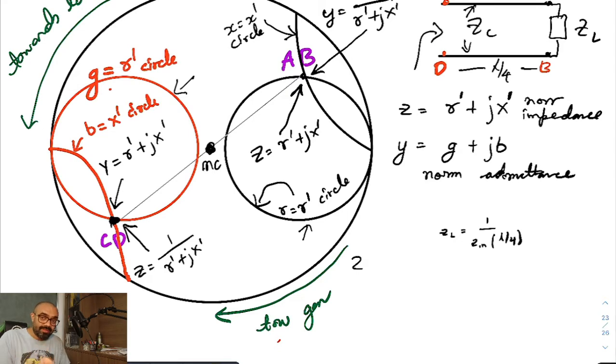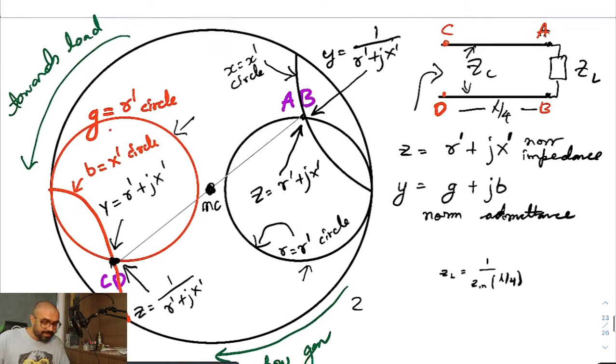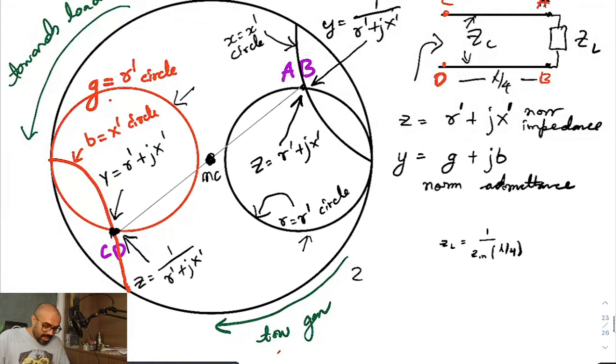Sorry, conductance of r dash, not susceptance. In a similar way, the diametrically opposite of the x equal to x dash circle gives you the susceptance b equal to x dash circle.